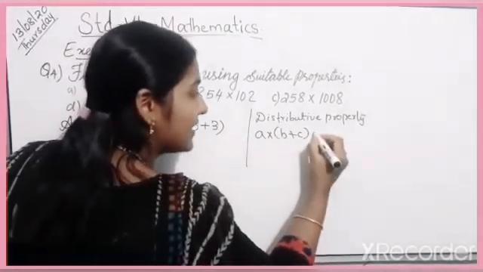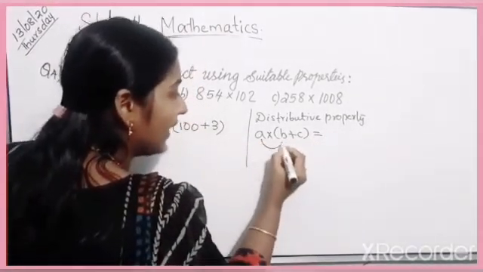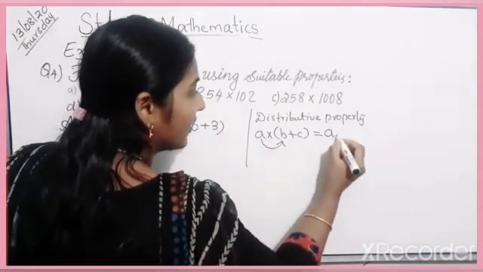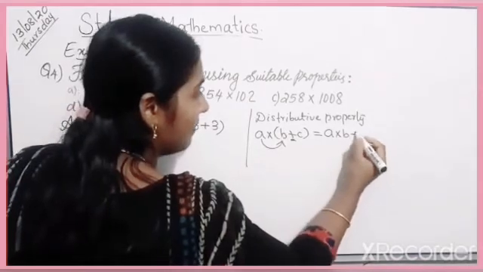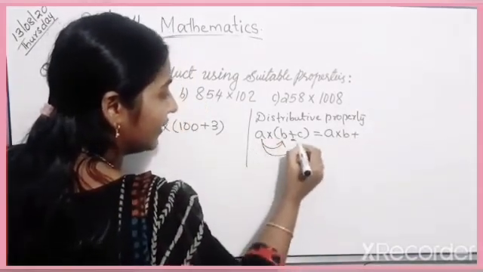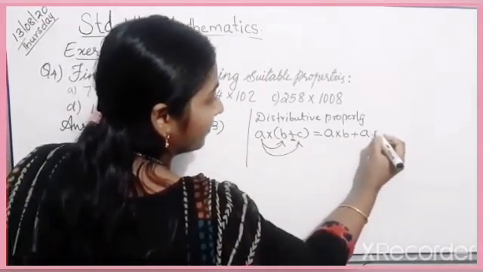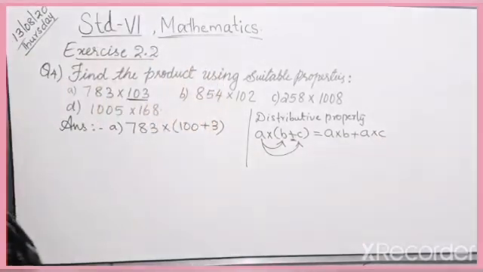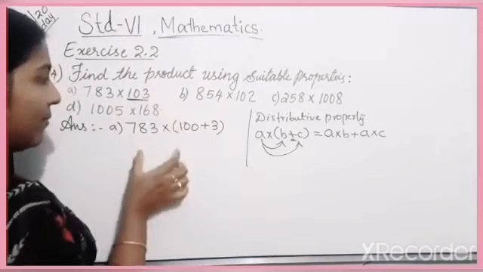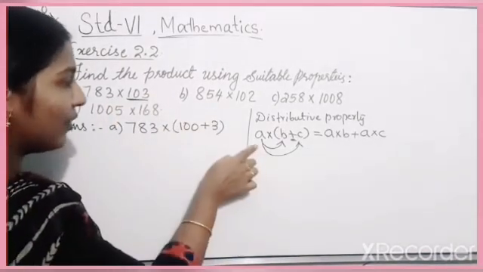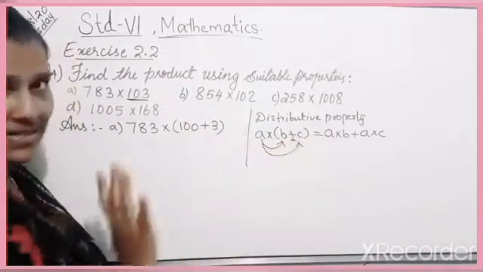A into B plus C will be equal to A into B plus A into C. Isn't it? So, here I changed the given number into the form A into B plus C.